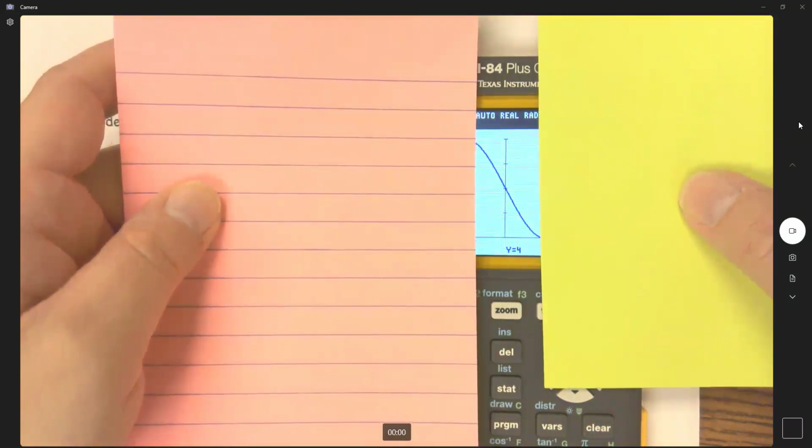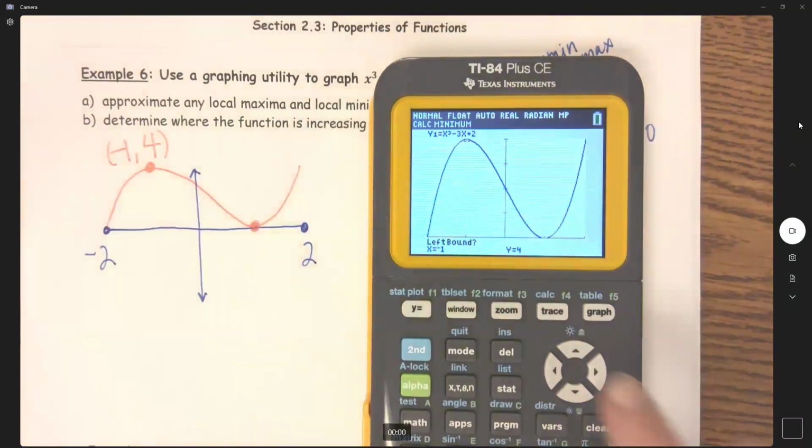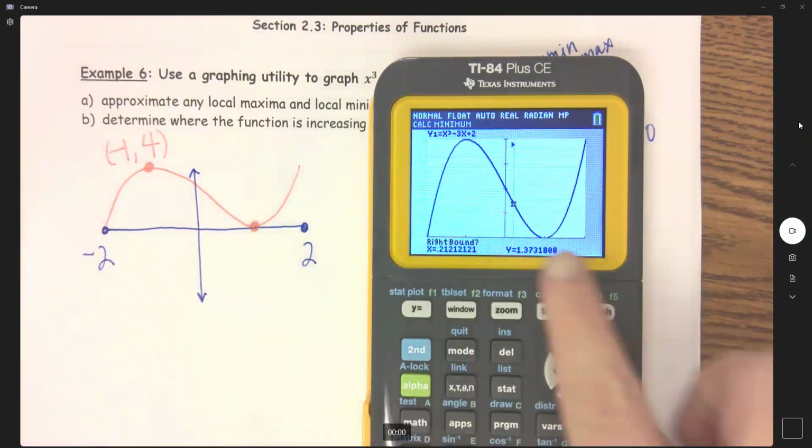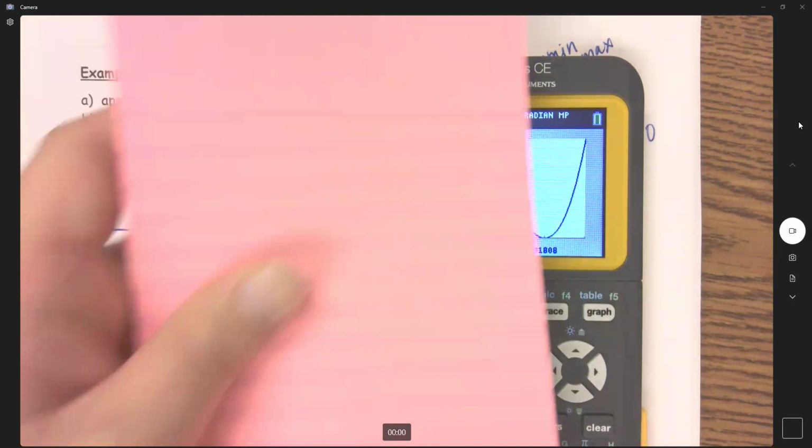So I need somewhere in between here. Anywhere works. Does not matter. So I'm going to go right around here. Hit enter. Now the right bound. I need to go to the right of this min. So somewhere over here. Anywhere over there.